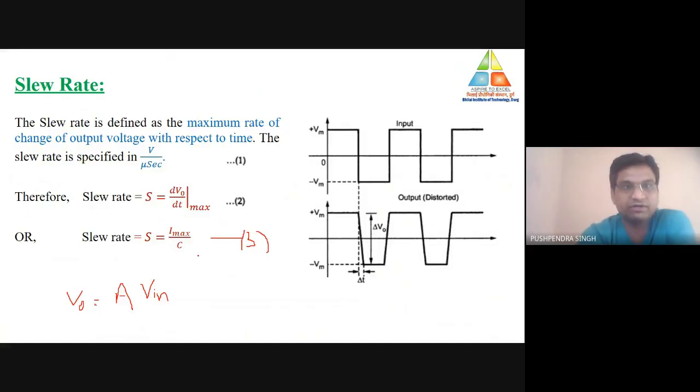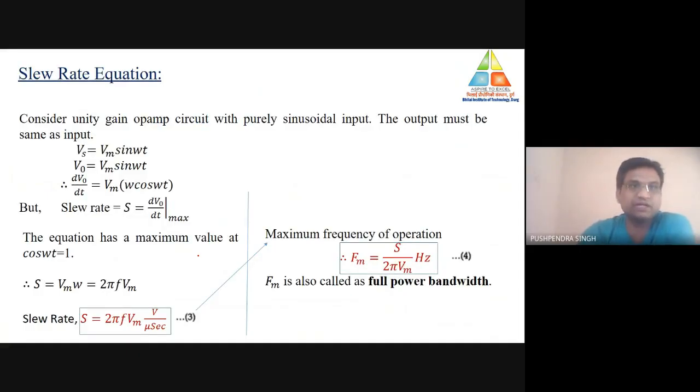Now we are going to reformulate the equation for the slew rate. Let's suppose the gain of the operational amplifier is unity and the input signal is in the form of Vm sine omega t, where Vm is the peak amplitude of the signal, or the maximum voltage on one side of the input sinusoidal wave.